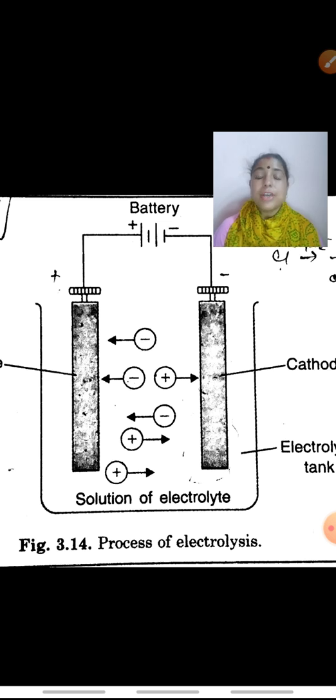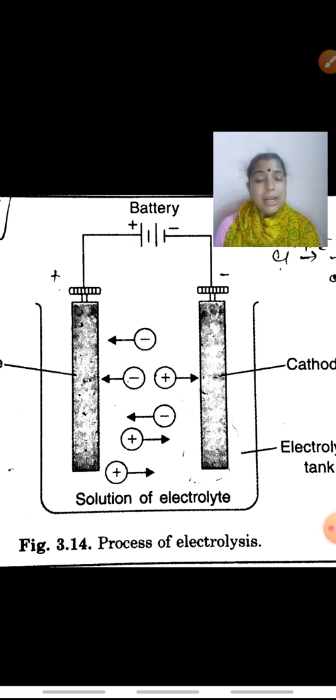So the charge of anode here is positive and cathode here is negative, which is just the reverse of the electrochemical cell. Oxidation will take place at anode, but the anode was negatively charged in case of electrochemical cell and is positively charged in case of electrolytic cell.